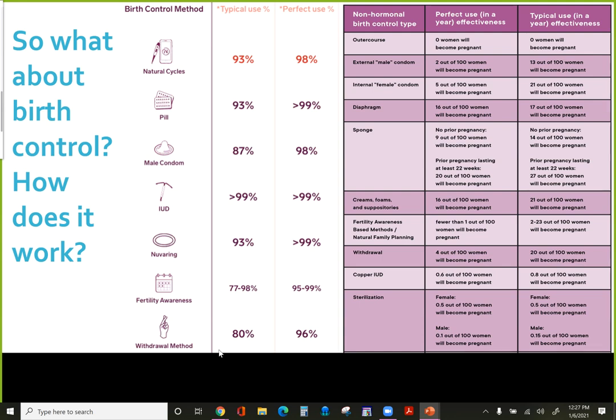Let's just say accidents happen. And over here you see the number of pregnancies that occur over a year on average using these different methods.